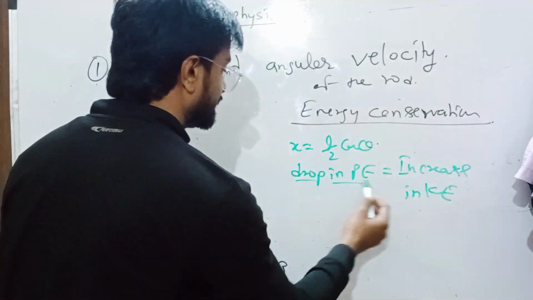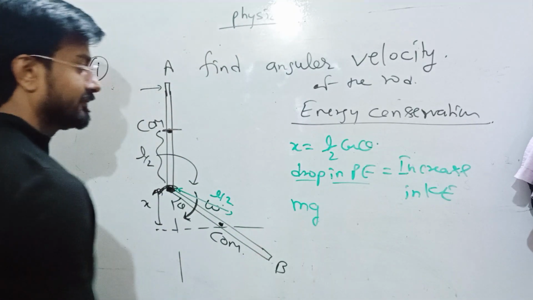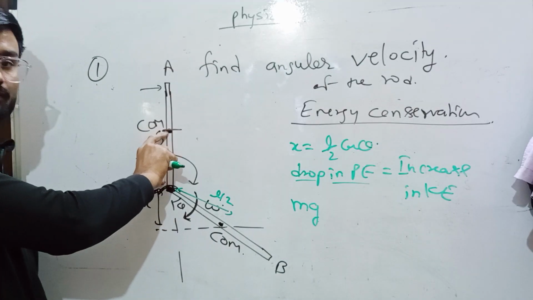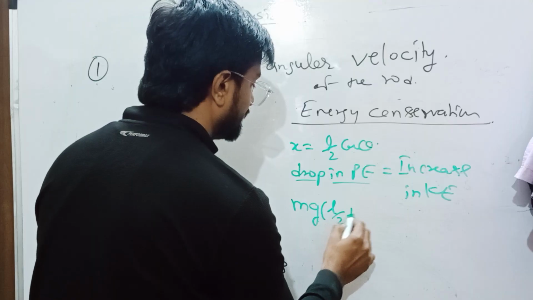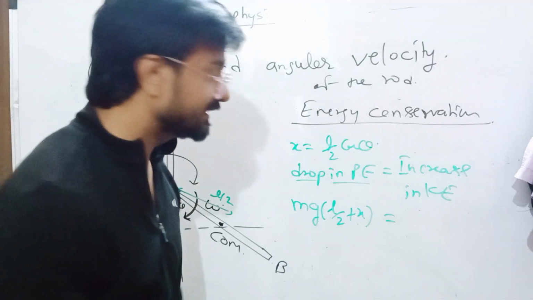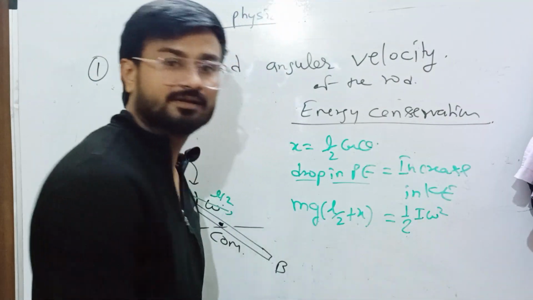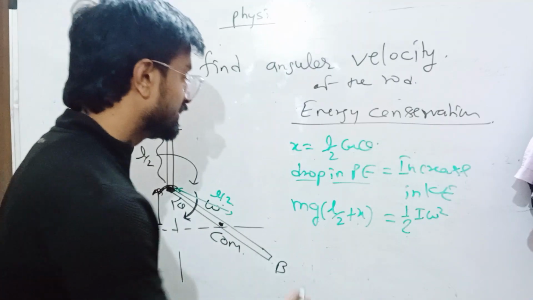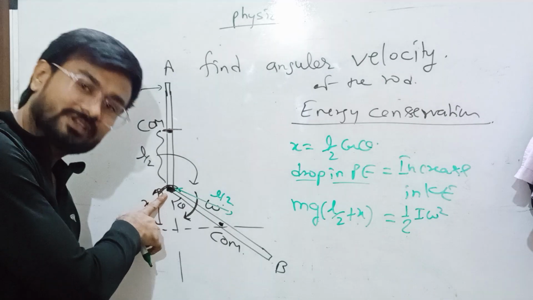because it will gain speed. The drop in potential energy is mg(L by 2 plus x). The increase in kinetic energy, we know the formula, is half I omega square. I must be taken from the point where it is hinged.